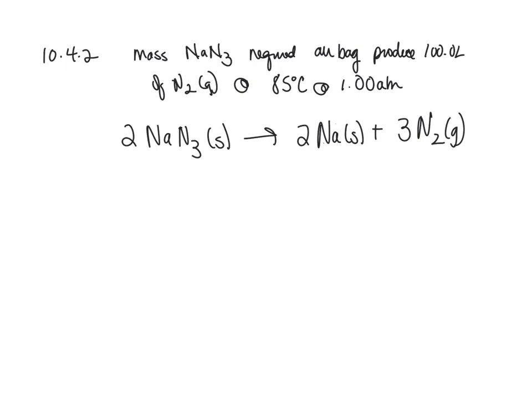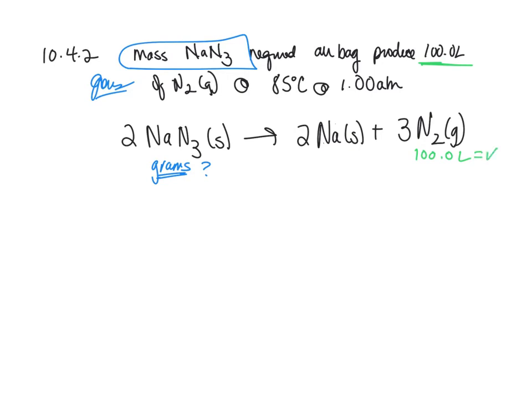And the question is asking for the mass. So we want to know how many grams we need of sodium azide, and we're starting with the volume, 100 liters of nitrogen gas, and we are also given conditions. So that's volume, and we're given temperature.